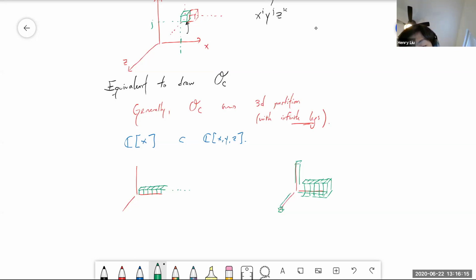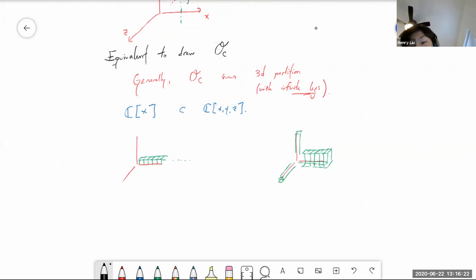So in general, you're free to specify 3 types of asymptotic data. You're free to specify a partition here, a partition here, a partition here. And you can say, I want to think about all fixed points with these 3 specified legs.